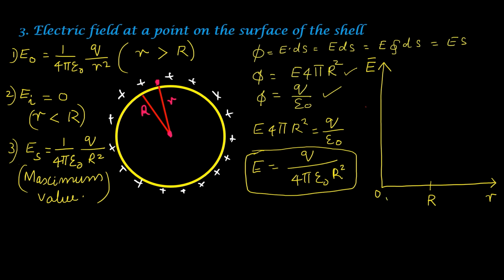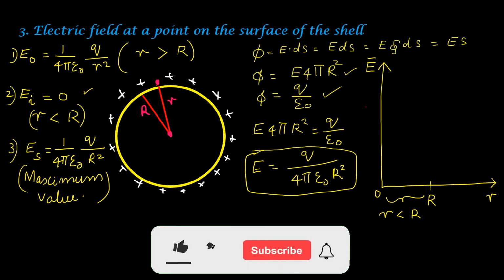For this portion between 0 and capital R, small r is less than capital R. That is, the distance of the point is less than the radius of the shell. For that we have the expression: electric field inside the shell is equal to 0. So for this portion, it will be on the x-axis.